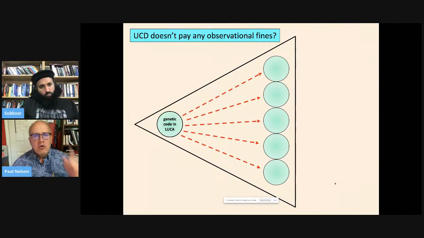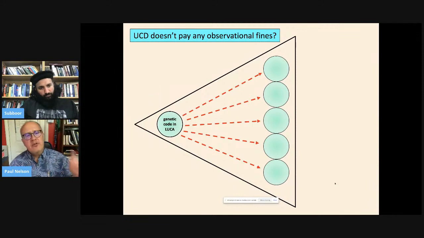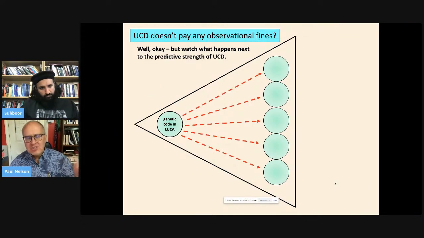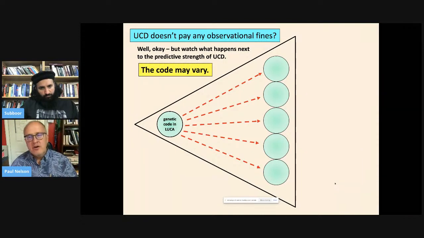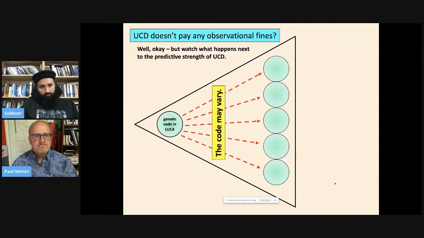All right. Look what happens now to the empirical content of universal common descent. Watch what happens to its predictive strength. So our new auxiliary theory is the code may vary. So let's put that in here. The code may vary.